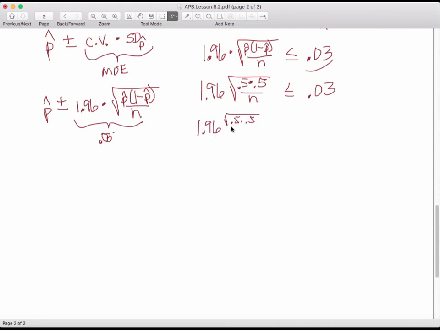If you do a little algebra, you know that you can divide the radical up into numerator and denominator. And then imagine multiplying both sides by the denominator, radical n, and at the same time dividing both sides by 0.03. If we do both of those steps simultaneously, this is what we're going to get.